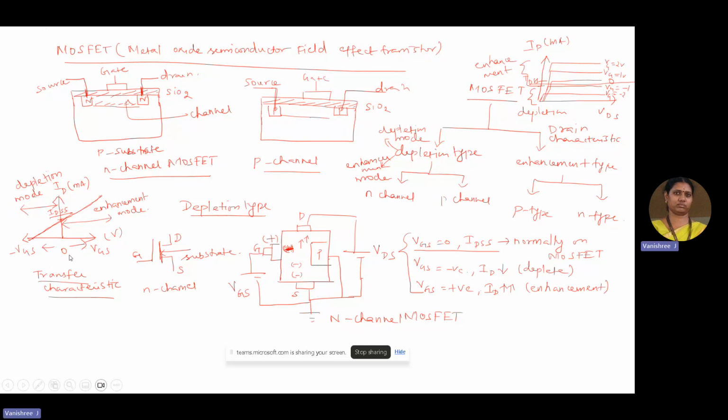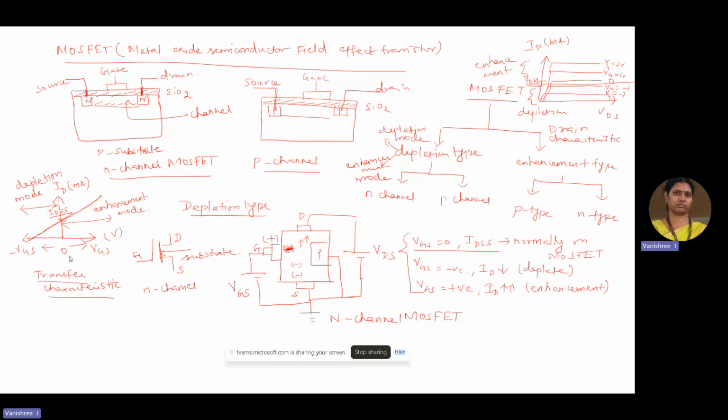And in the transfer characteristics, we are able to observe clearly how the gate source voltage is affecting the drain current, both in the positive direction as well as in the negative direction. When the gate source voltage is incremented in the positive direction, the drain current increases steeply, whereas when the gate source voltage is increased in the negative direction, it reduces the drain current, and at one instant, it makes the drain current become 0.